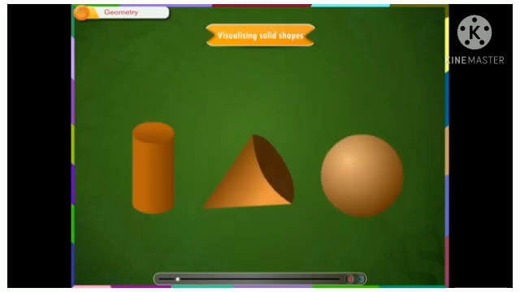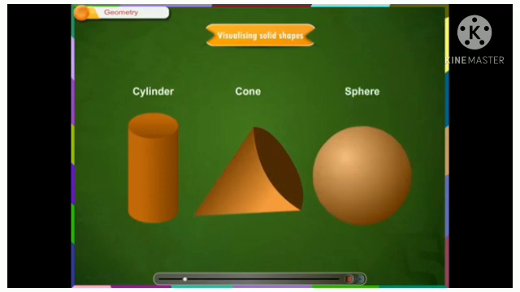We can classify the solid shapes into two types: shapes with curved surfaces such as cylinder, cone and sphere, and shapes with flat surfaces. Solid shapes which are entirely made up of flat surfaces are called polyhedron. The plural of polyhedron is polyhedra.